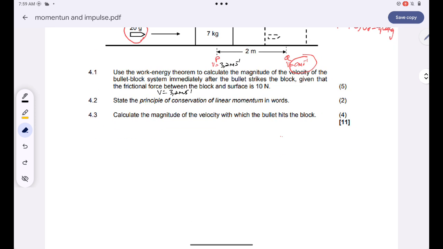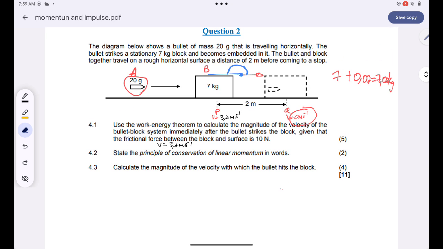So obviously, after stating the conservation of linear momentum, guys, we have to use it, because this is an isolated system. There are no non-conservative forces, and when the block is standing, it does not experience kinetic friction.